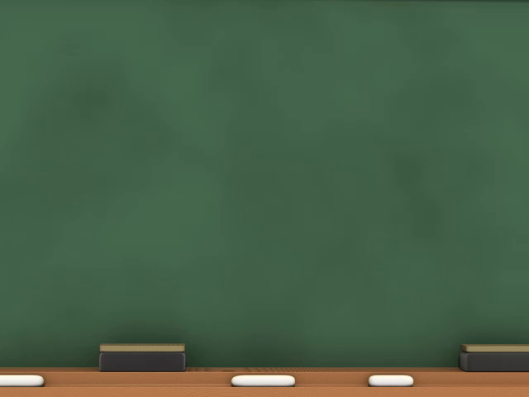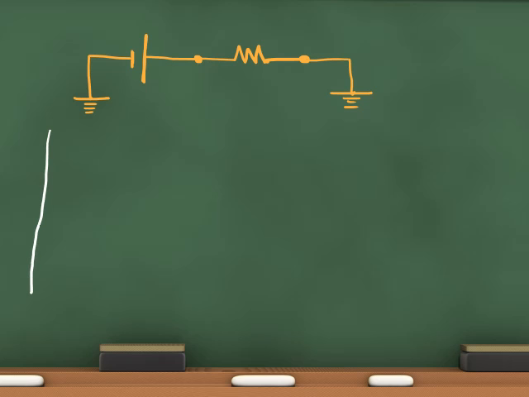What happens when I connect a battery? The battery is denoted by this symbol, and a resistor, and this is connected to ground and this is also connected to ground. And if I want to draw a voltage graph for this one, how will it be?